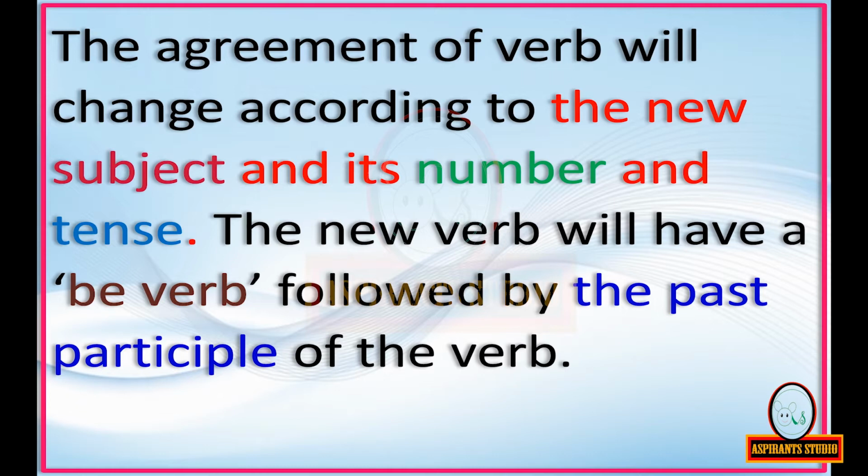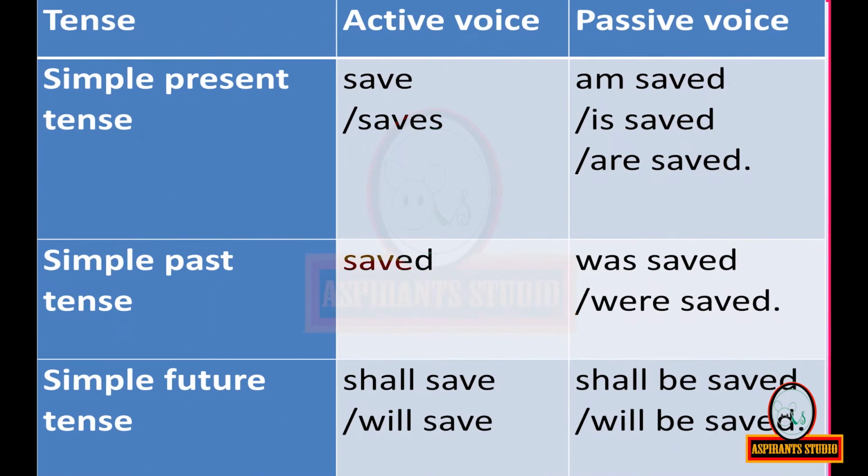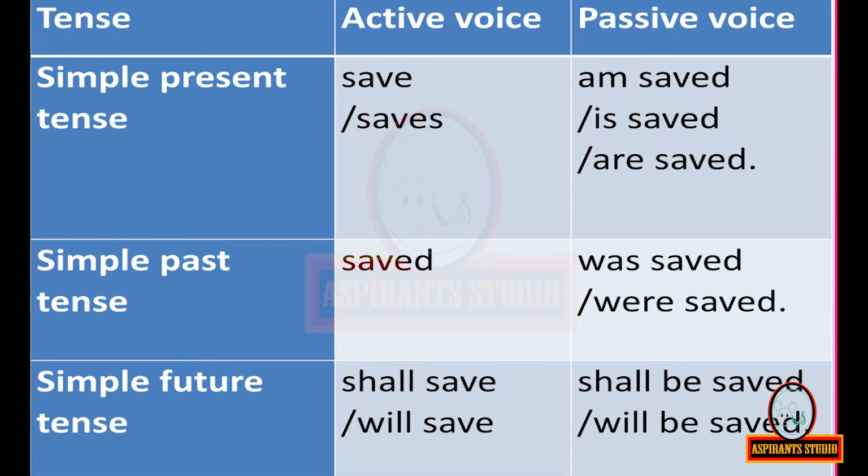The new verb will have a be verb followed by the past participle of the verb. Some verbs for active voice and passive voice are given in the table. Take a look at it.